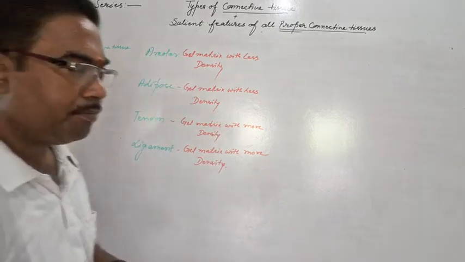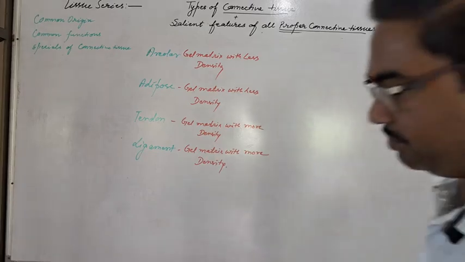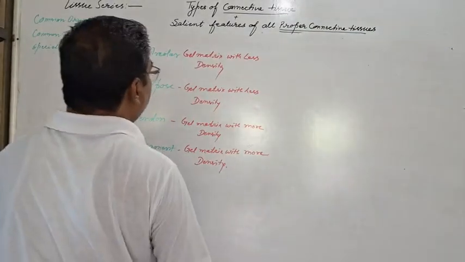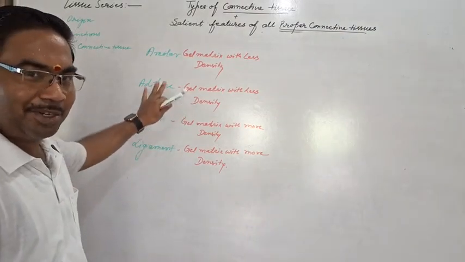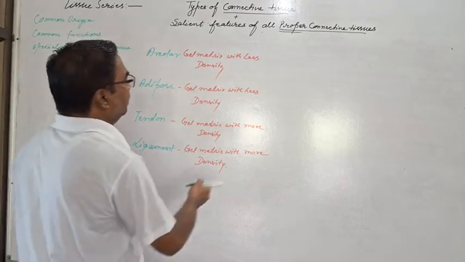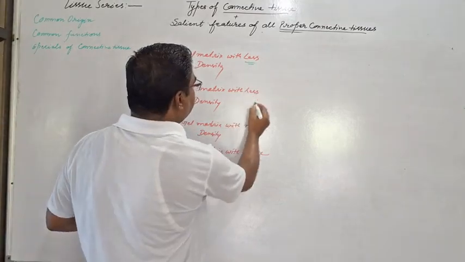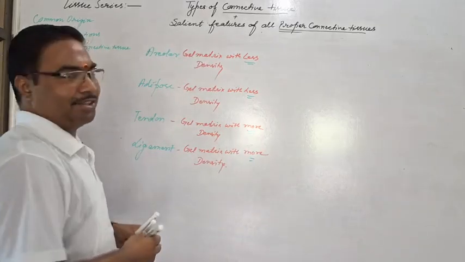So on the ground of matrix, we can differentiate the types of proper connective tissue. All are made up of a gel type of matrix. That is the common thing, but the difference is in their density. These two have less density, but these two have more density.